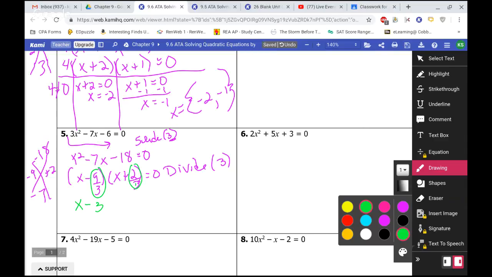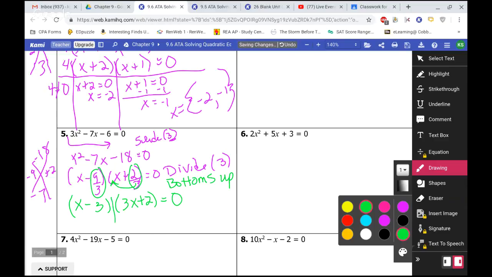This one is going to be one of my bottoms up because it will not reduce to a whole integer. So I'm going to bottoms up. So that's 3x plus 2 equals 0.